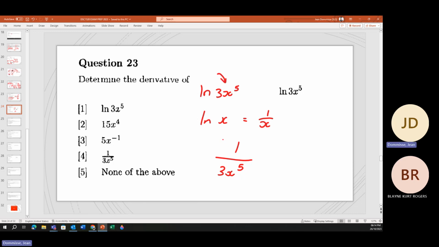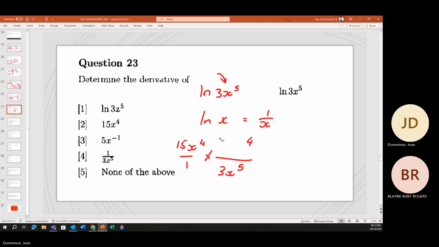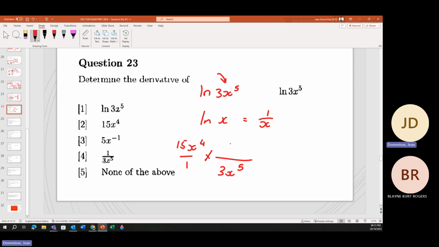I think it's the power rule, so that it's 15x, so that you have 15x to the power of 4 times the, like we now did, for 1 over.